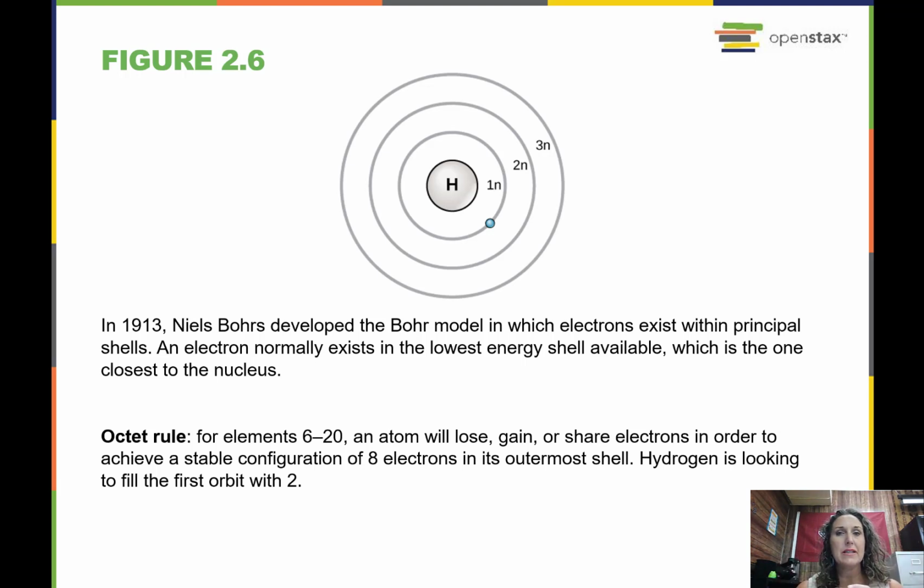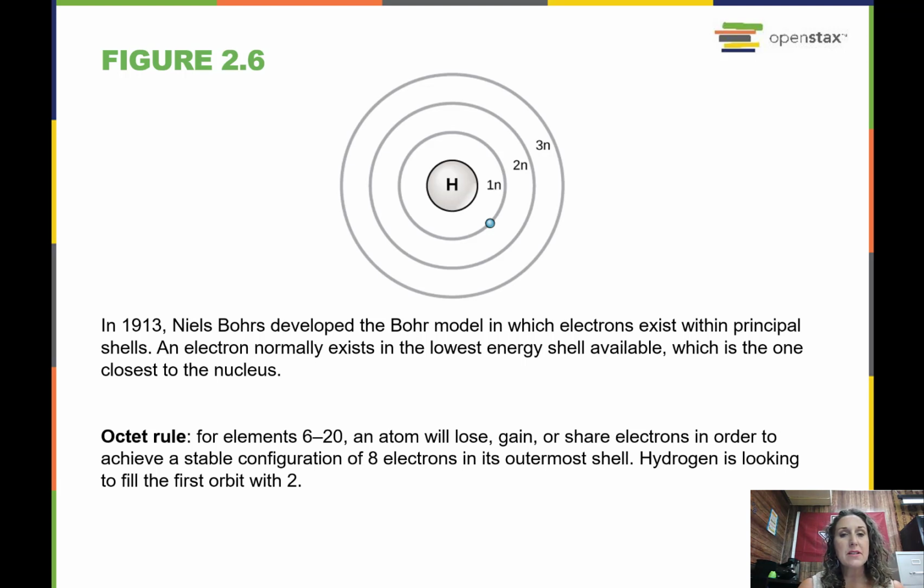The first one is you have your first shell, which can only hold 2 electrons. The second shell holds 8. The third shell holds 8. And then it goes up from there. But we're really only going to be concerned about those first couple of shells.